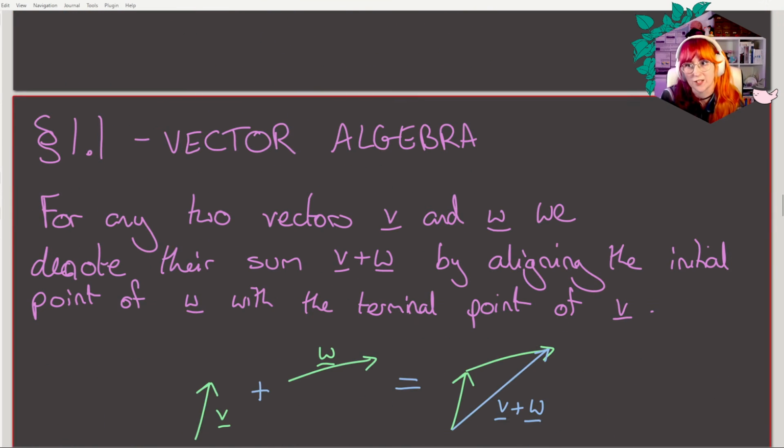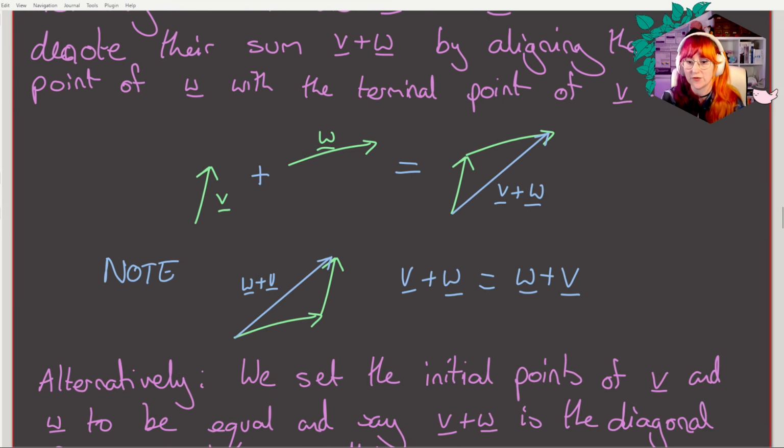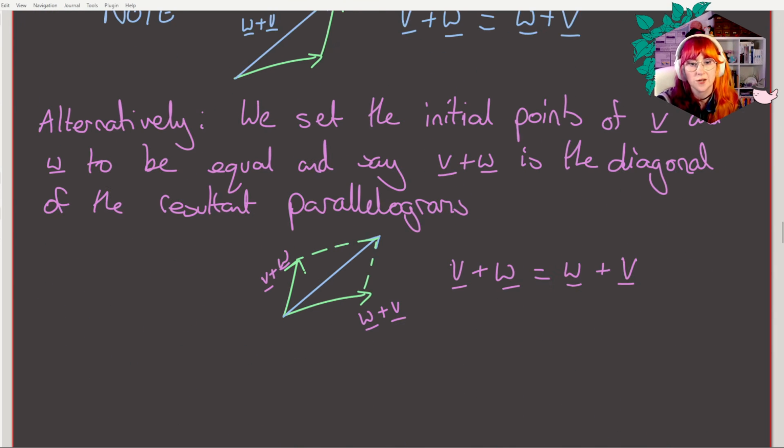And then we did some vector algebra, which is basically saying the way that we add vectors together is by going along one and then going along the other. And we can do that reflexively. So we can do v plus w, but we can also do w plus v. Equally, we can set the start points of the two vectors the same, and then it's the diagonal of the corresponding parallelogram. We love a good parallelogram in vector algebra.